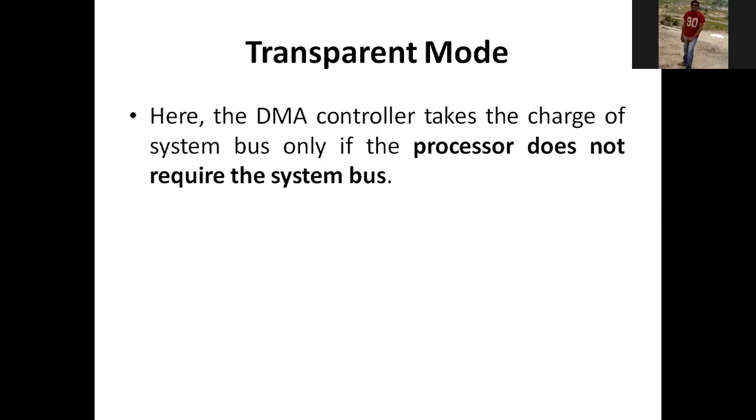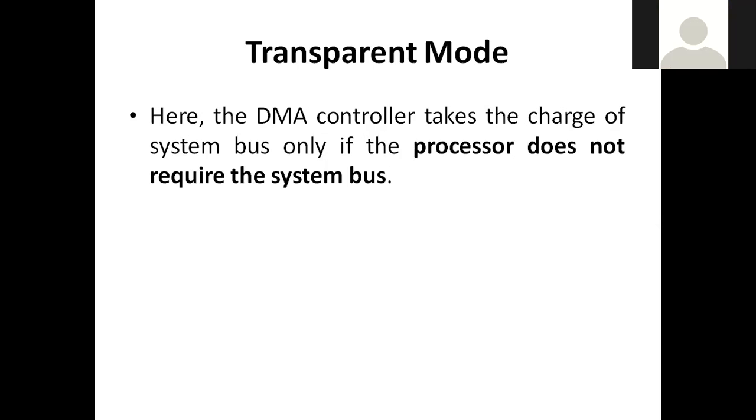In the first mode, if it gets the permission, until it finishes it will not give the permission back. What are we calling it? Burst mode. And in the second mode, alternately, the processor and the DMA controller are transferring the data. What are we calling it? Cycle stealing.